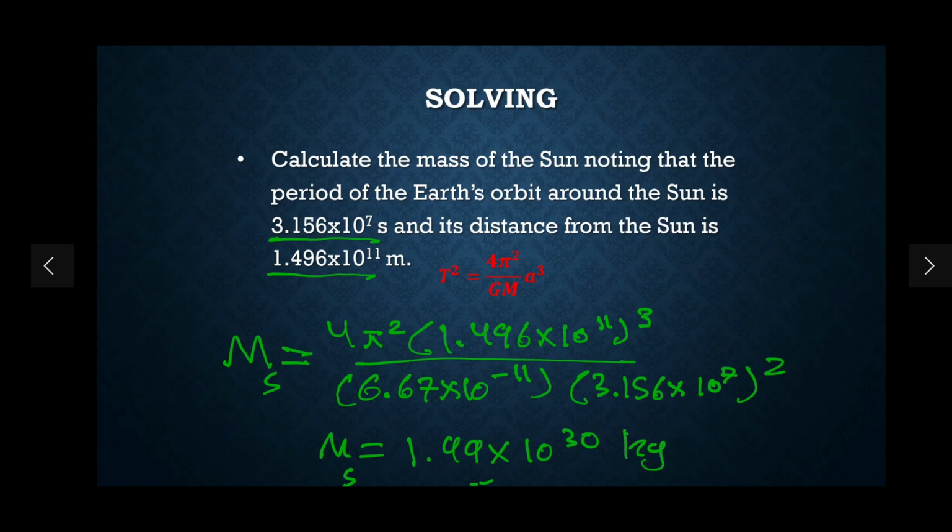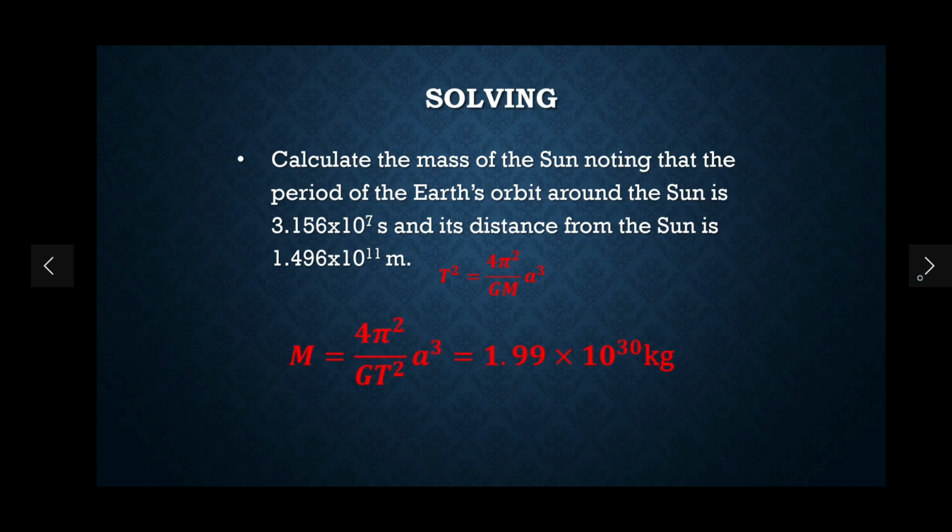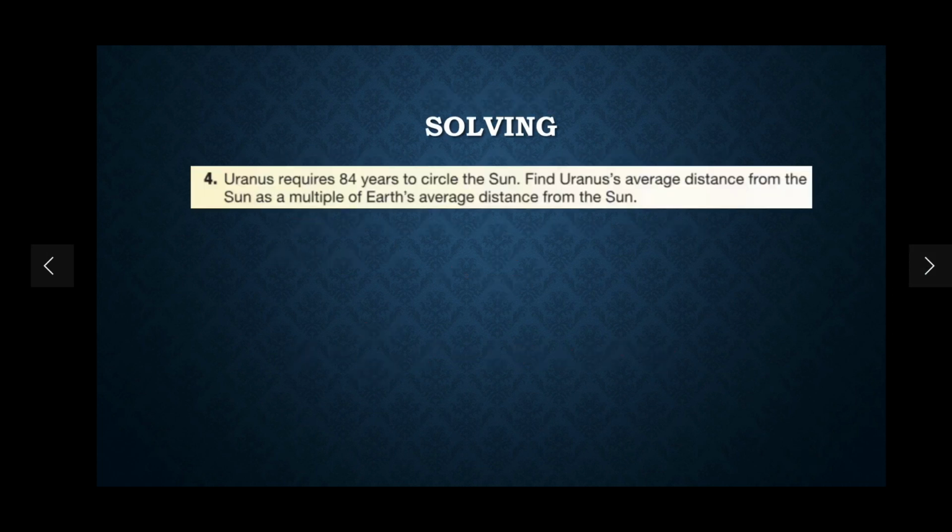Now, let's solve a question relating to this formula. Uranus requires 84 years to circle the sun. Find Uranus' average distance from the sun as a multiple of Earth's average distance from the sun. Let's solve. We have that the radius of Uranus cubed over the radius of Earth cubed equals the period of Uranus squared over the period of Earth squared.